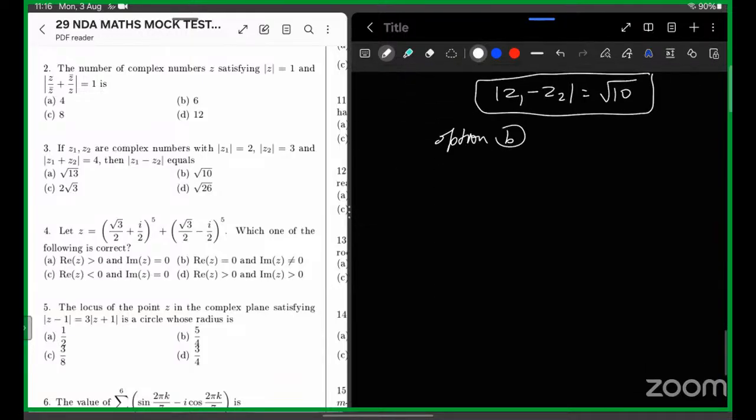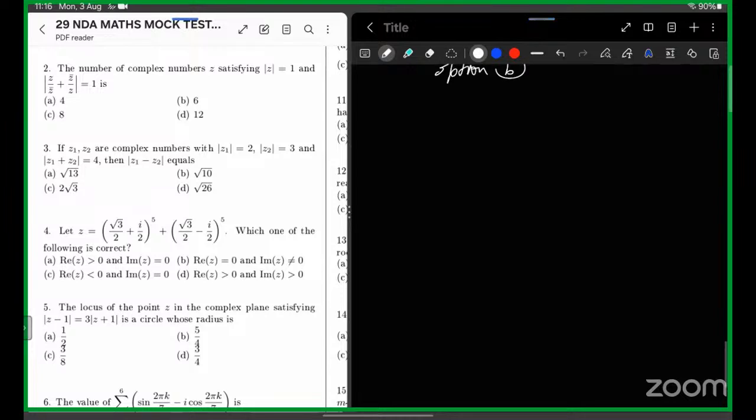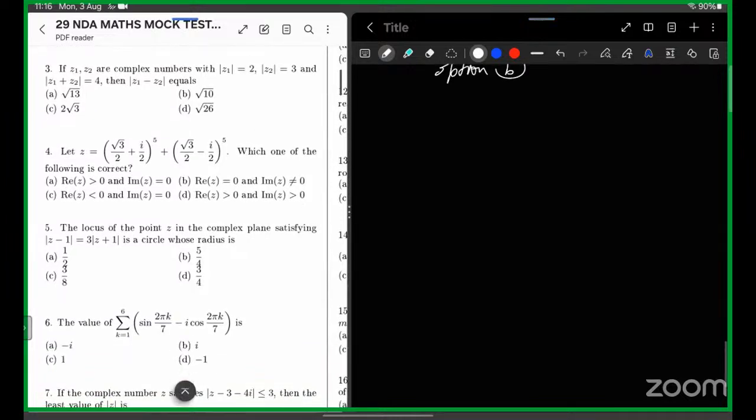Okay. Next, question number 4. Z value is given as root 3 by 2 plus iota by 2, whole power 5, plus root 3 by 2 minus iota by 2, whole power 5. Which one of the following is correct? The real part of Z is greater than 0, equal to 0, or less than 0. Okay. So in question number 4, if you expand this value with power 5 by binomial, in the first term all positive values will be there and 6 terms will be there.